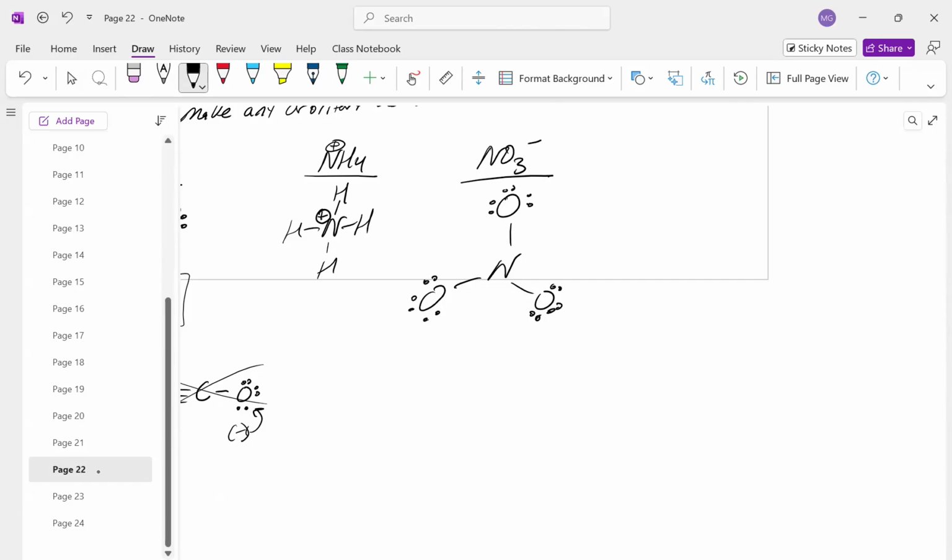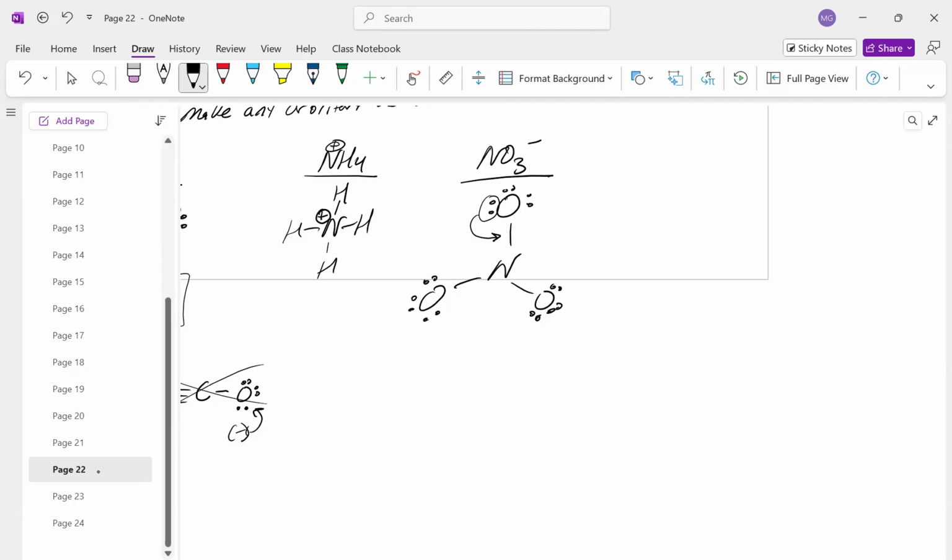All the oxygens do, but the nitrogen doesn't. So according to the statement above, I'm going to use a lone pair on an oxygen to make a double bond with the nitrogen. So I'm going to take a lone pair here and move it down to make a double bond.